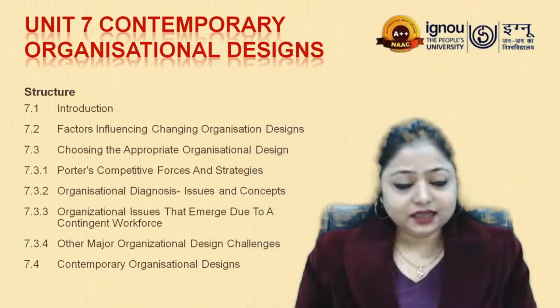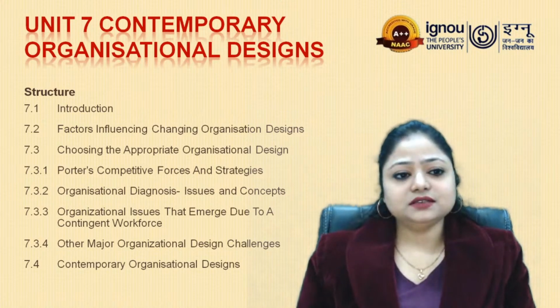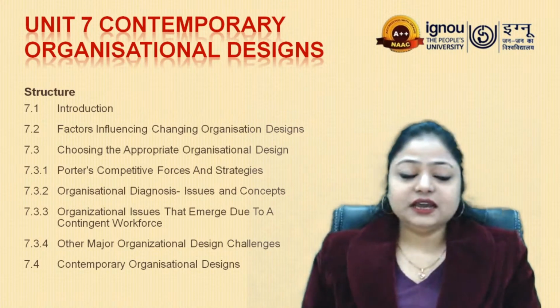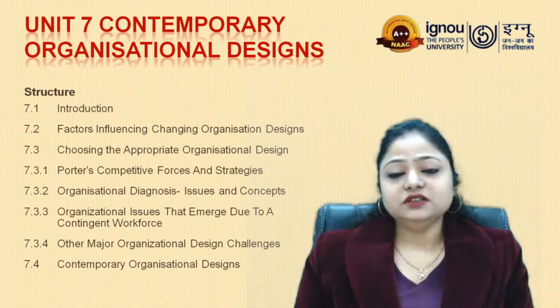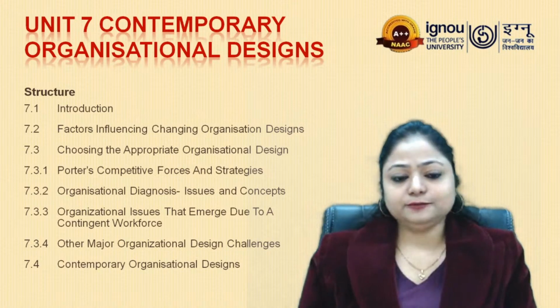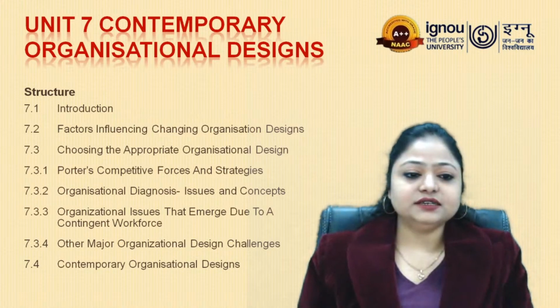The entire unit is divided into 3 to 4 sections, and the section layout is as follows. First, we will read out the introduction and background of the entire unit. Then, what are the factors that influence an organization's design? How can we choose an appropriate organizational design?